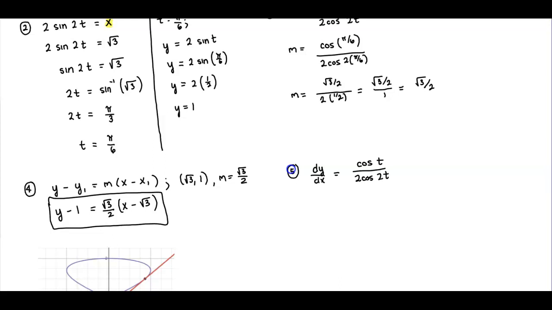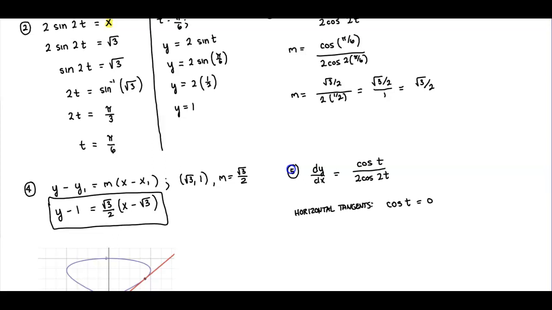Okay, so if we want to find the horizontal tangents, then that means that we have to let the numerator equal 0. So we have the cosine of t equals 0. Okay, so what are the values of t when this is going to equal 0?